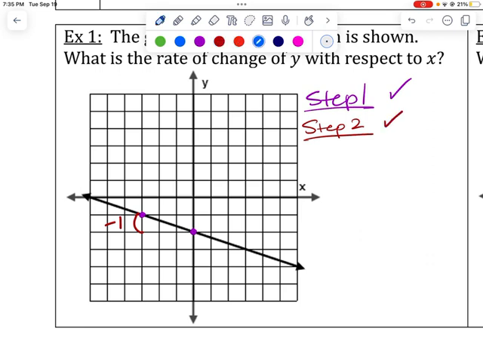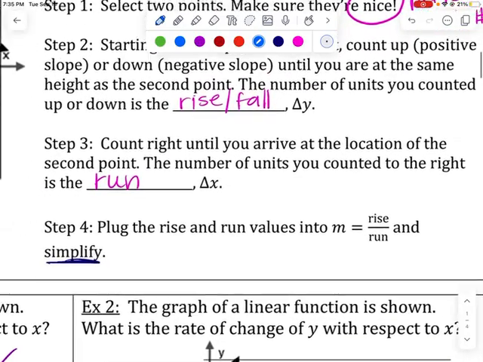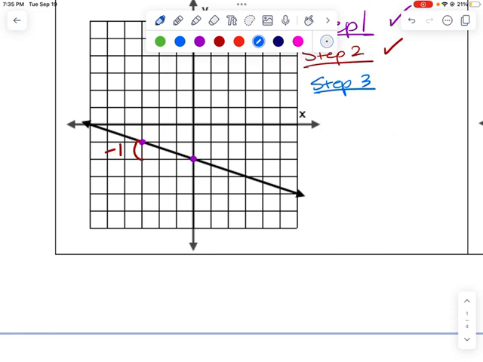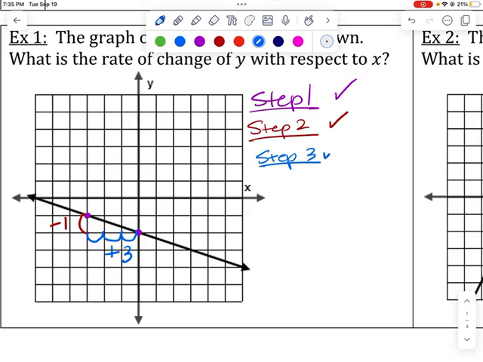Now I'm going to be looking at my step 3. Let's see, what's step 3? Count to the right until I arrive at the location of the second point. Okay, let's count to the right. 1, 2, 3. So I did +3 to the right. Step 3 is done.